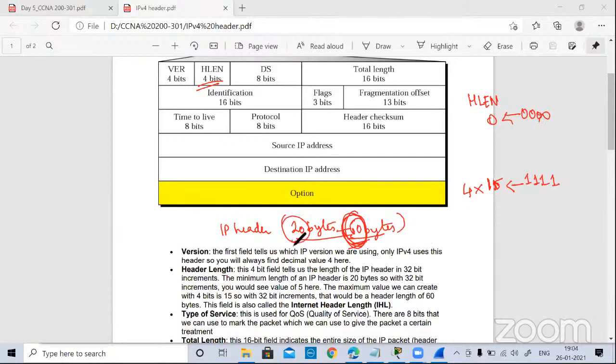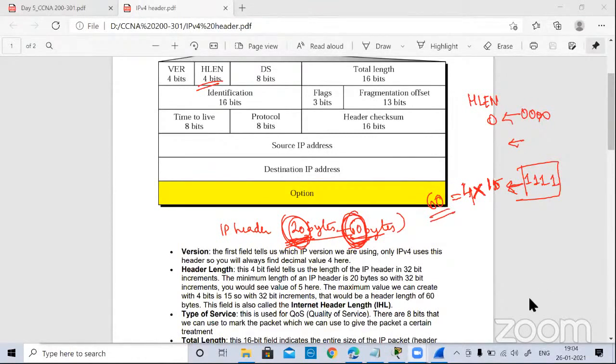If all bits are 1, the decimal value would be 15, so you need a multiplying factor of 4 to get 60. So for 20 bytes, what should be my binary value?